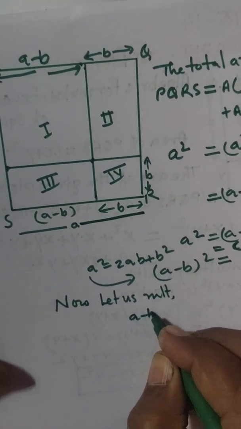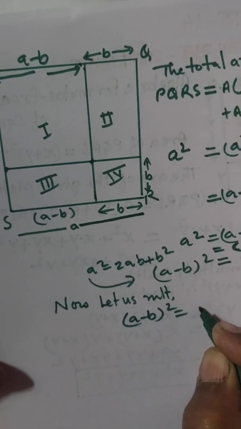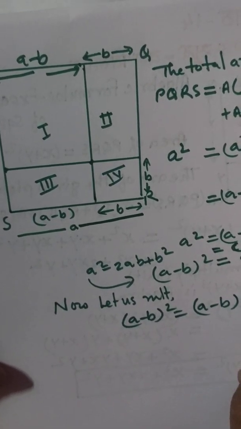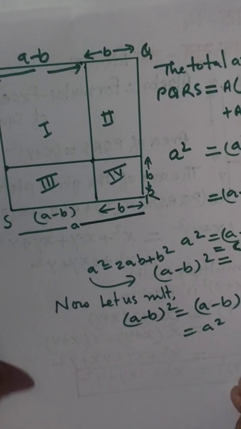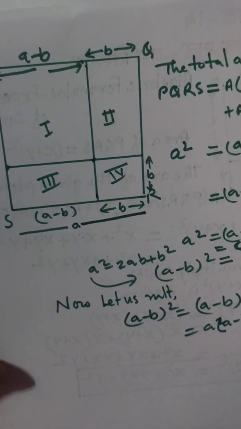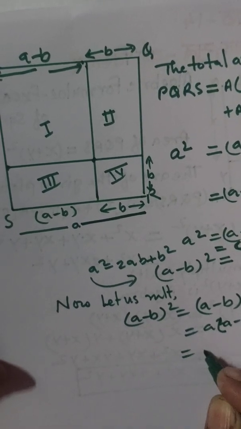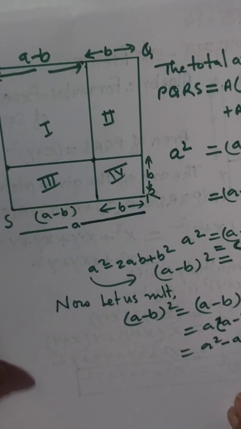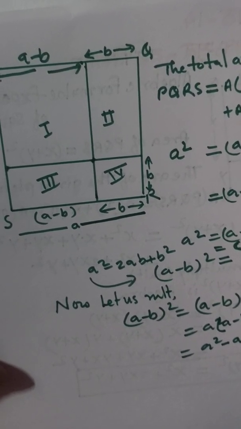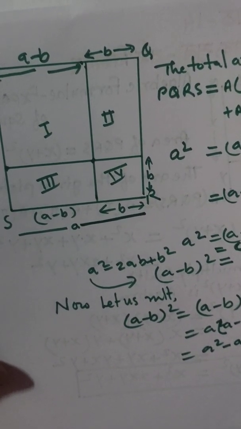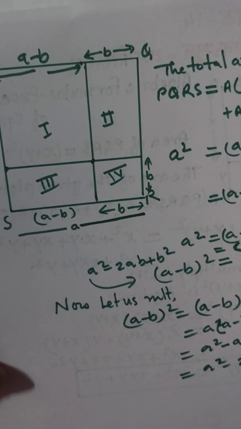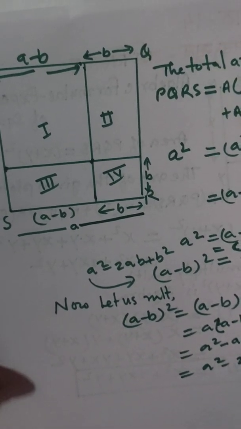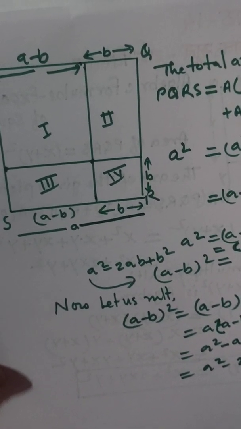Therefore, A minus B whole square will be written as A minus B into A minus B, that is equal to A square, A into A minus B minus B into A minus B. That gives A square minus AB minus BA plus B square, that is equal to A square minus 2AB, because AB and BA both are the same, plus B square.